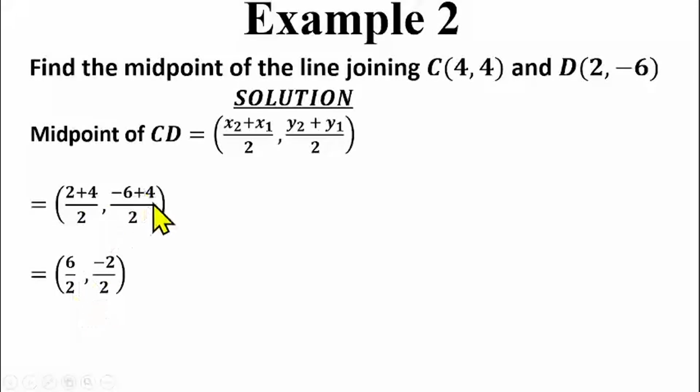So we have 6 over 2 here, comma, minus 6 plus 4 will give us minus 2 over 2. So 6 over 2 will give us 3. Minus 2 divided by 2 will give us minus 1. So it means that the midpoint of CD is going to be 3, minus 1, which is another coordinate, the coordinate of the midpoint of point C and point D.